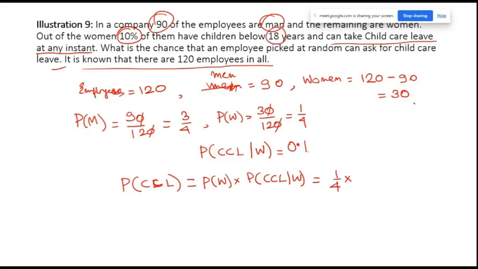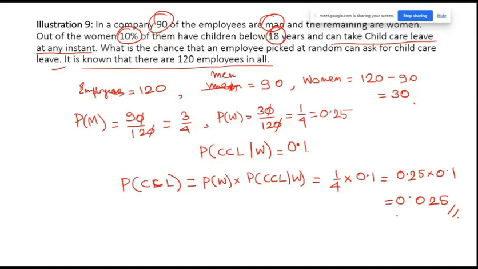Only those women having a child less than 18 years. How many of them? 10%, that is 0.1. So 1 by 4 is 0.25, into 0.1, that is equal to 0.025.